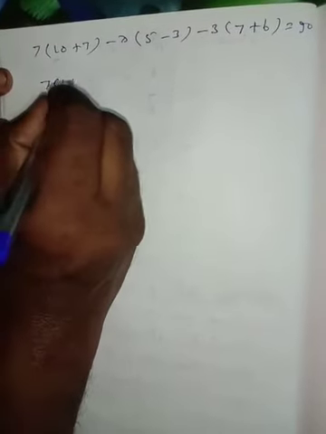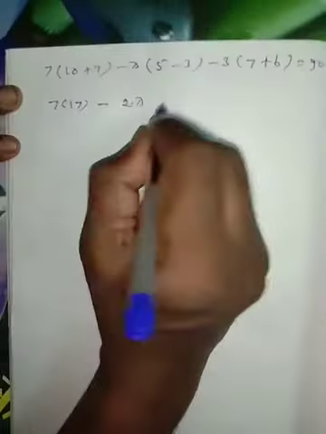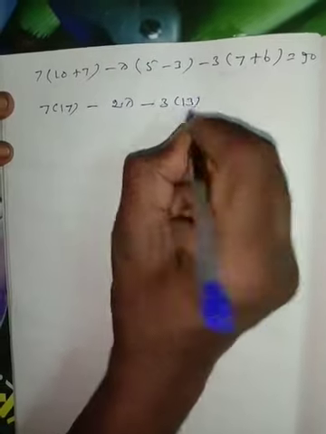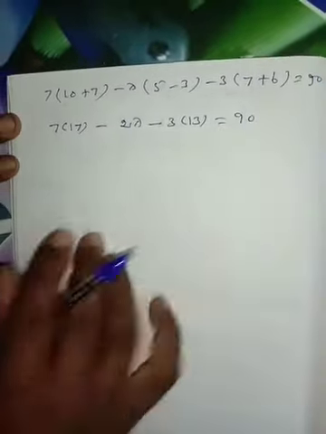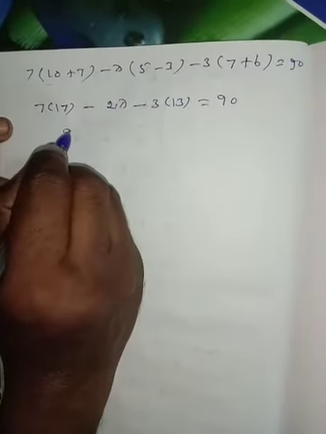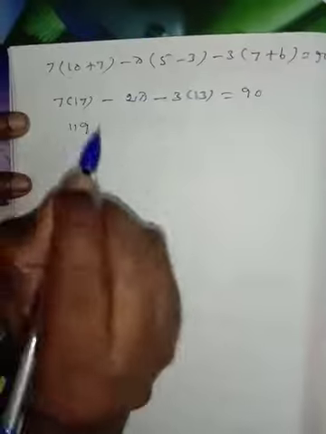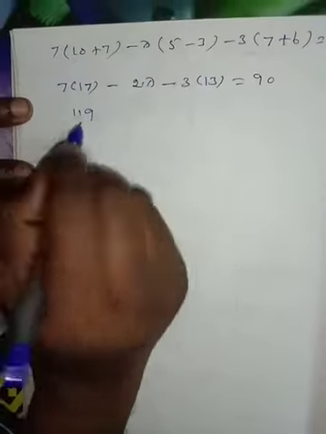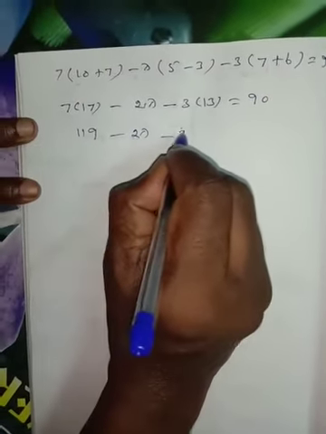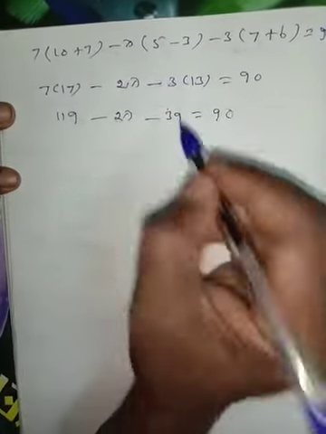Now 7 into (17 - 2λ) minus 39 equals 90. Now 7 sevens are 49, and 7 into 17 is 119, so 119 - 2λ - 39 = 90.